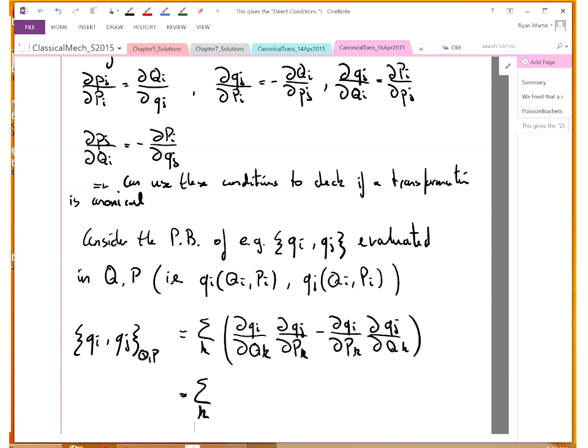Right, that's the Poisson bracket. So that's equal to, I'm going to use my direct conditions now to get rid of some of the terms.